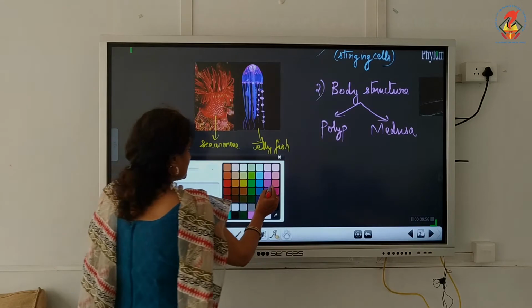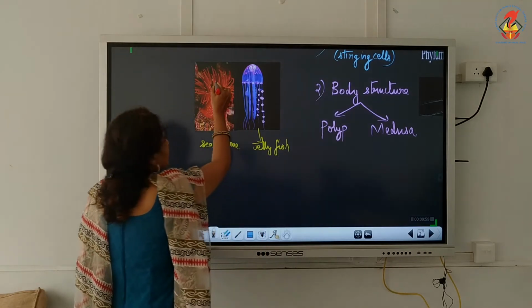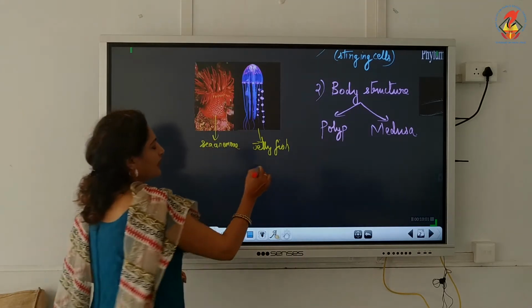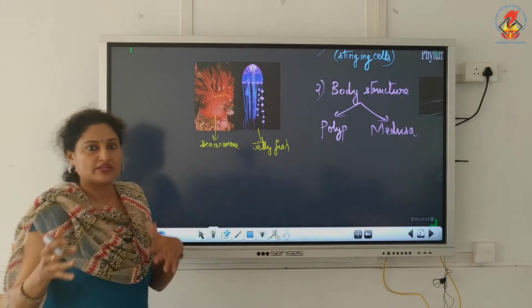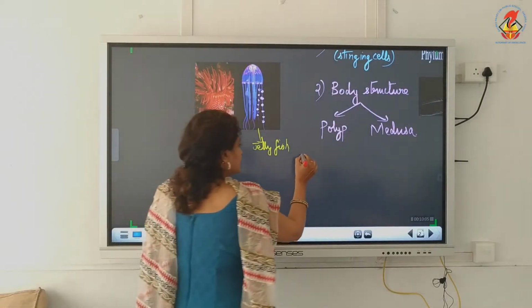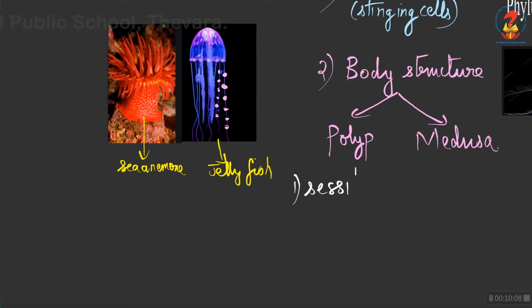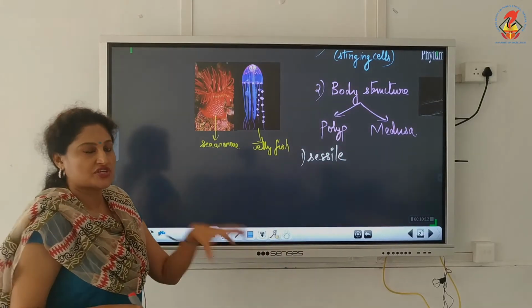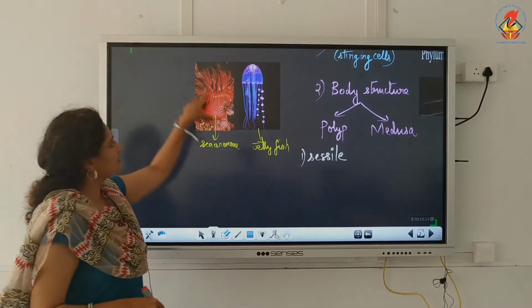Now look at the shape. Look at sea anemone. How is it? Is it sedentary or free living? It is sedentary. Such sedentary forms are called sessile. Sessile means they are stable, fixed, stationary. So they are fixed on the rocks.